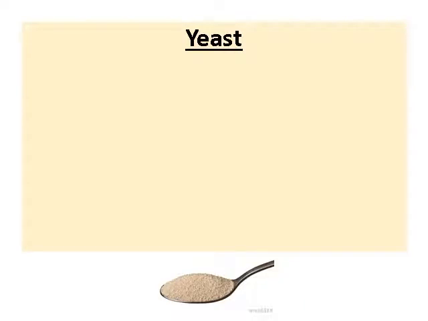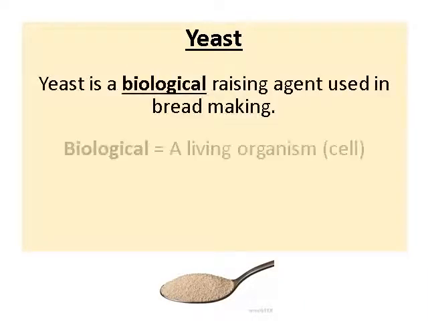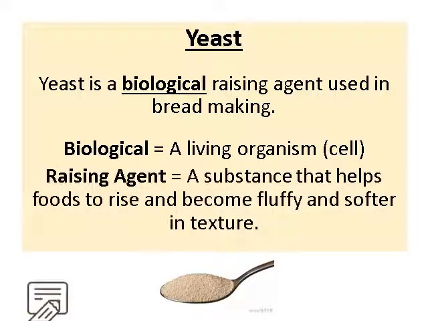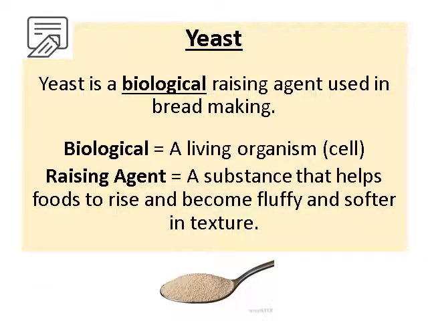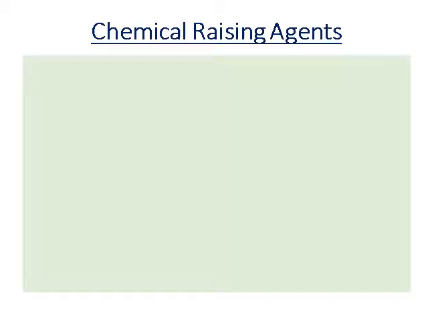The first one that came up was yeast. Yeast is a biological raising agent used in bread making. Again, pause the video and write the relevant information down so that you have a summary of what yeast is. You then have chemical raising agents.